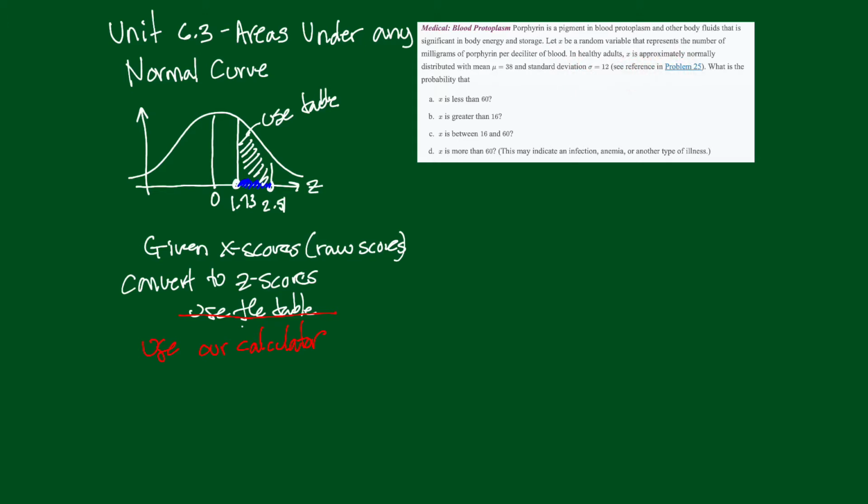Okay, let's draw this right away. We have a normal distribution of porphyrin. We know that it's normally distributed, so I'll draw a normal curve.